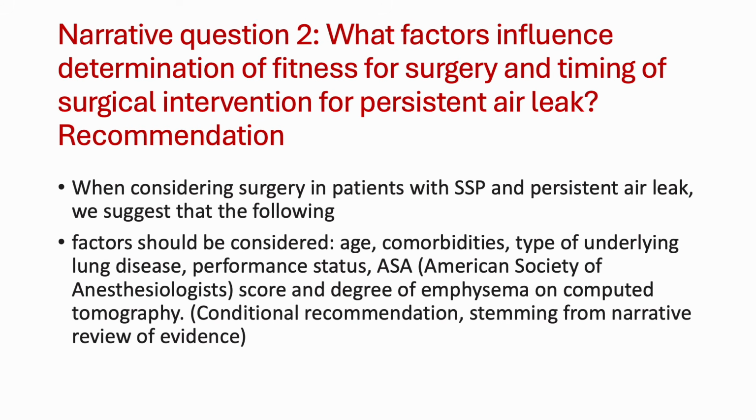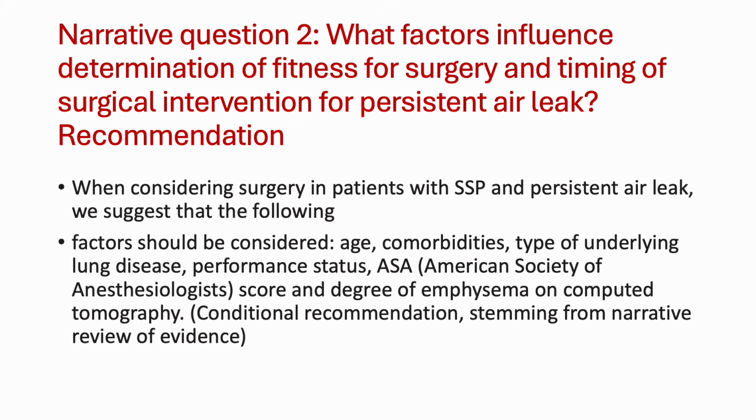And this is again conditional. The justification is that whatever evidence they saw for these factors is very low. So even though this is recommended, there is not very good evidence for each of these factors.